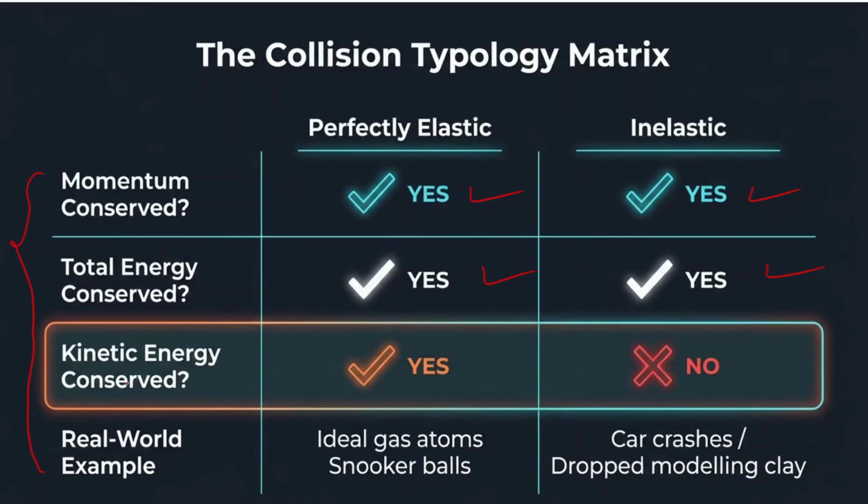But whenever you talk about kinetic energy, this is a red flag in inelastic collisions. Examples of elastic are ideal gas atoms or snooker balls, and inelastic, car crashes and dropping modeling clay. So remember this table, whenever we have to deal with examples where they tell us this is an elastic collision or this is an inelastic collision.